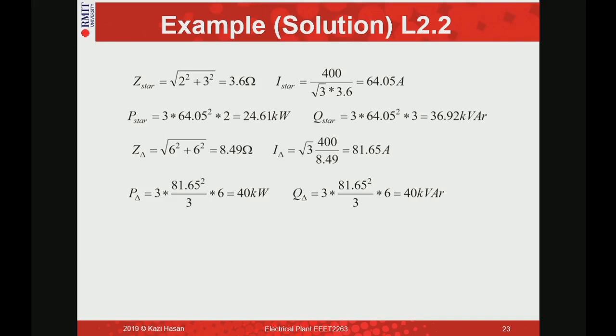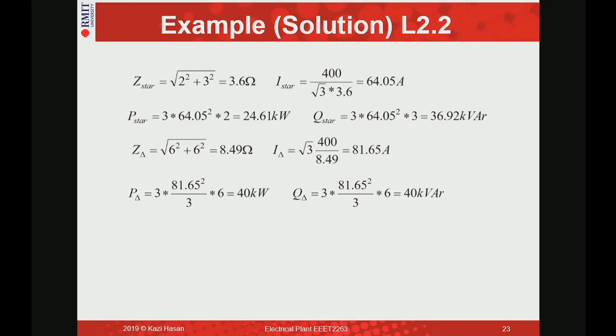So this power is per phase. Per phase means this current is the phase current. So the current you calculated, 81.65, was the line current for delta. For delta, the phase current will be 81.65 divided by √3.